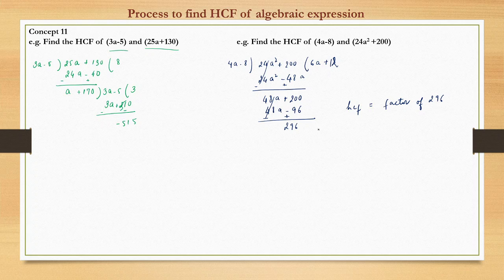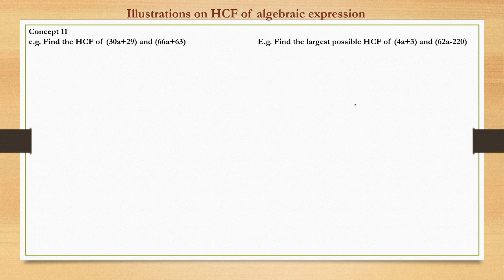These are very generic questions just to understand the approach. Now we'll see some related concepts. So if the question is to find the HCF of 30a plus 29 and this, 30a plus 29 will divide 66a plus 63.